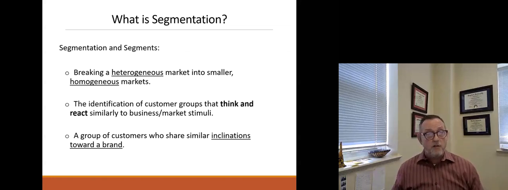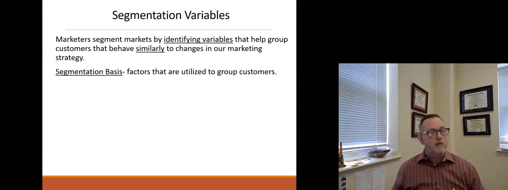Again, these are groups of consumers who share similar feelings or sentiments towards a brand or a marketing plan or something to that effect. So when we get into segmenting, we're going to have what we call segmentation bases, or identifying variables that allow us to match a variable to a behavior or to a group of consumers.